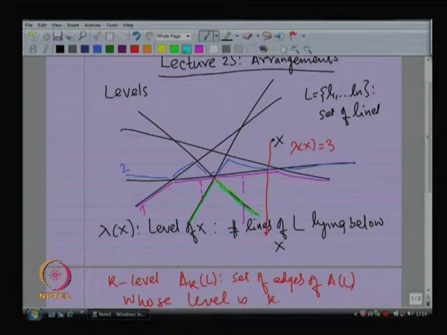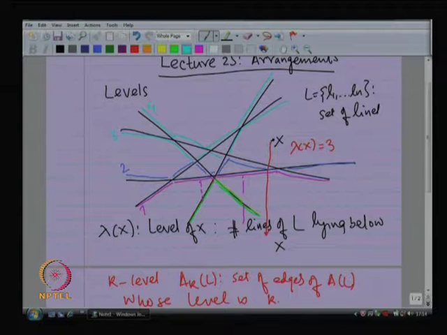So, now I will draw label 3 and finally, this is label 4. What I did was, if you look at the edges of the arrangement, I layered them.